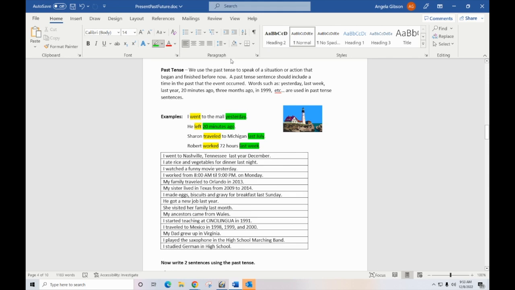So in this explanation up here, it tells us that words such as yesterday, last week, last year, 20 minutes ago, 3 months ago, in 1999 are used. And there's many different ways we can talk about past times, but it's very important that you use those time words when you're talking about something in the past.